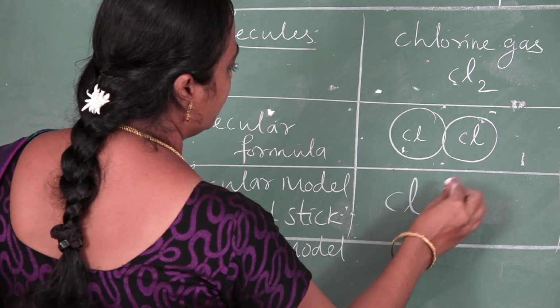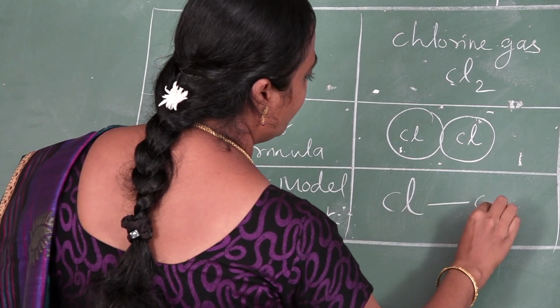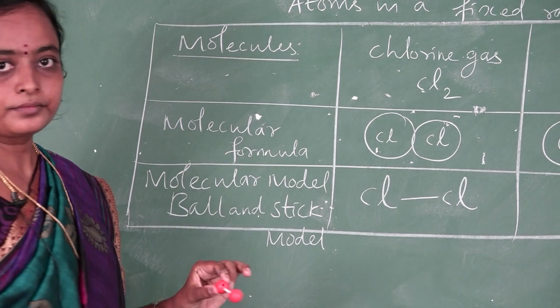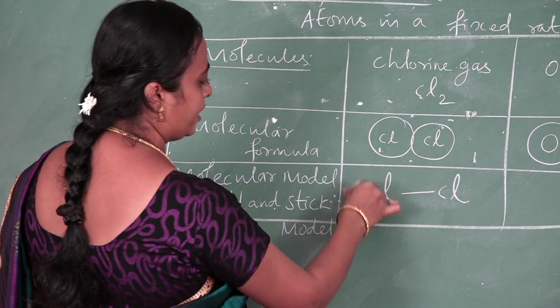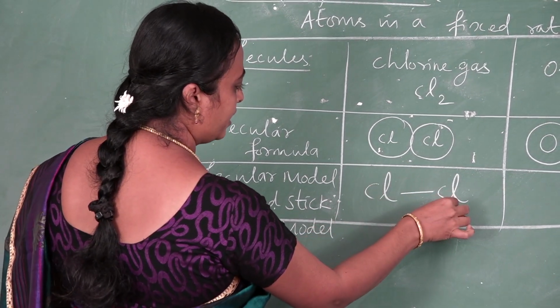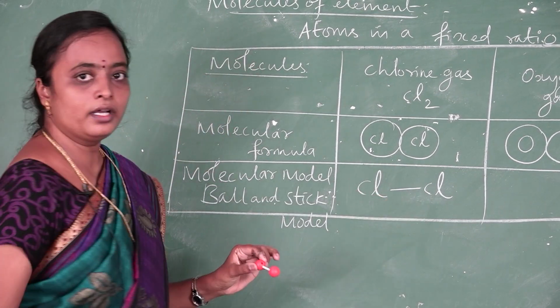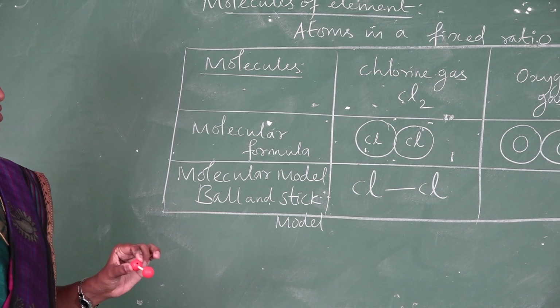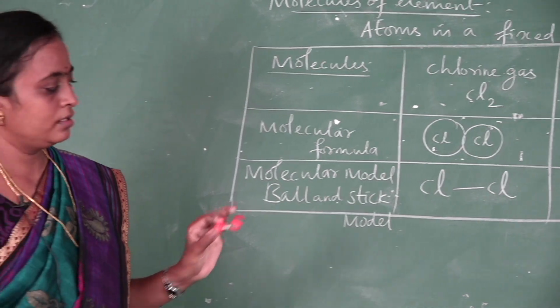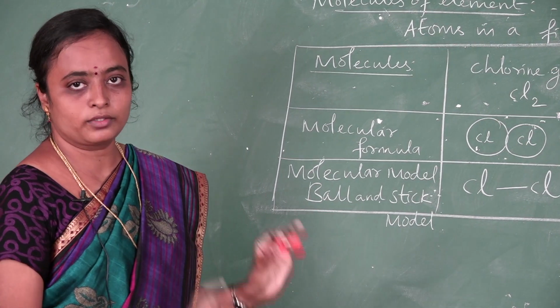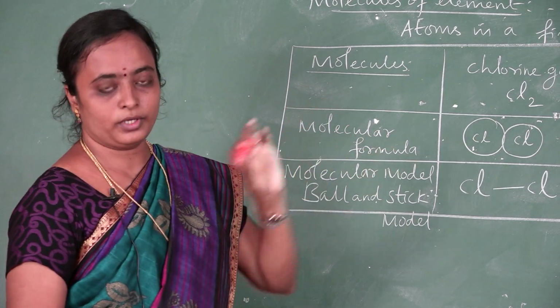This chlorine forms a bond with another chlorine. This is one atom and this is another atom. So these two atoms are combined by a bond. Of course, to form a bond there will be involvement of an electron. This is a single bond.